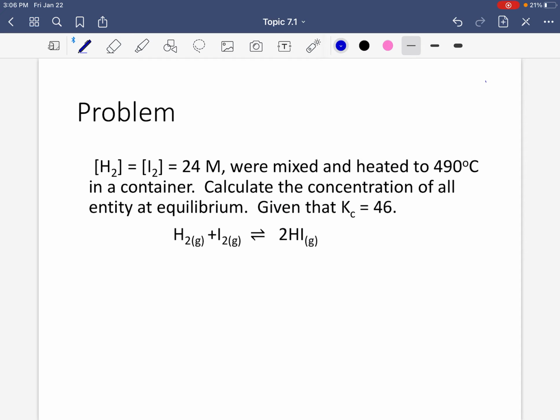All right, so H2 and I2 are 24 molar. They're mixed and heated to 490 degrees in a container. So it seems like this sentence is saying that the concentration of H2 and I2 is 24 molar, and that's kind of like in the beginning, meaning that that's going to be an initial statement.